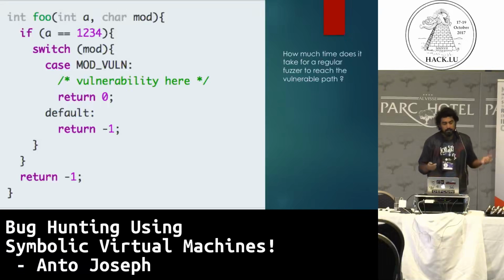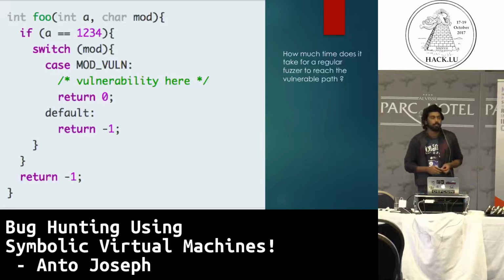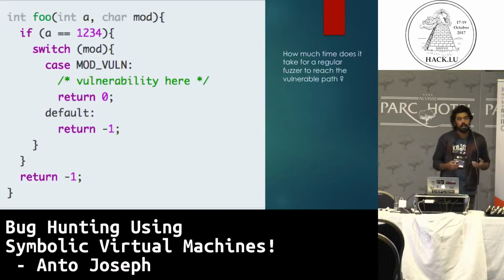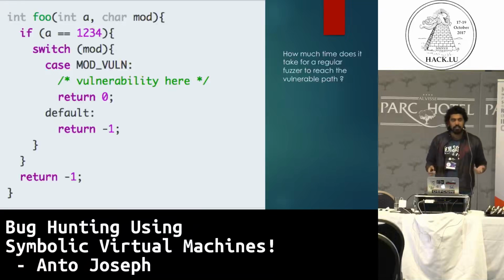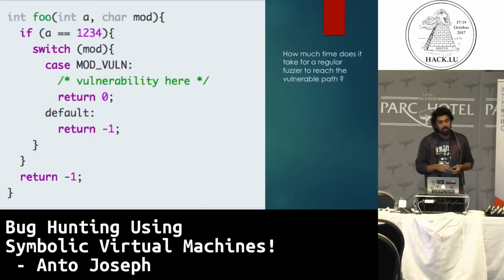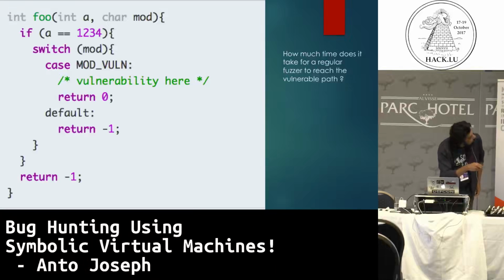We all know what a fuzzer is, right? It tries to generate input so that we could reach code paths and see if there is a vulnerability. Consider a typical fuzzer, which is a dumb fuzzer, which tries to mutate your input and get to the vulnerability. Let's assume that the vulnerability is over there, and our fuzzer needs to get to this particular branch.